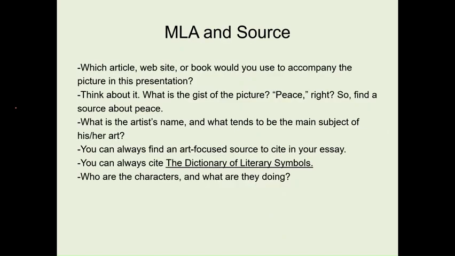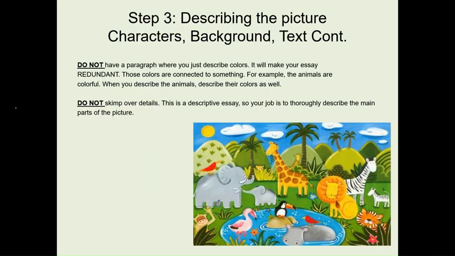Okay. So MLA and sources. You have to think about this when you cite a source. Look at this picture and think about what article or book or website would be a good complement to this picture. What would you choose?